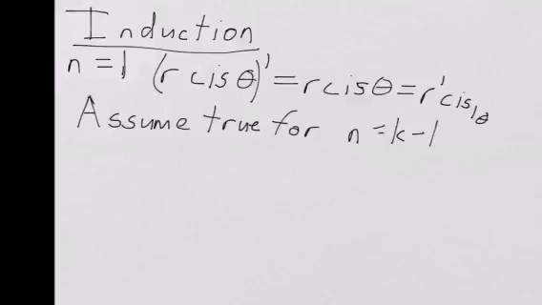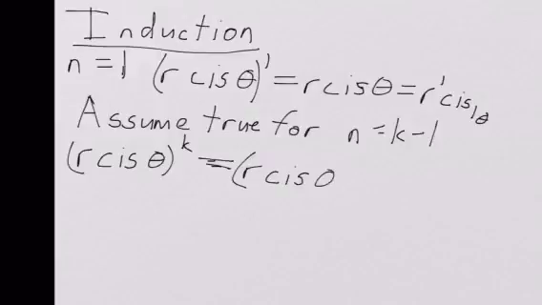So, we know that r CIS theta to the k, just by the definition of that exponent, is equal to r CIS theta to the k minus 1 times r CIS theta.